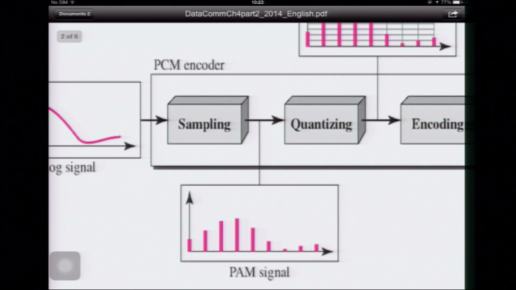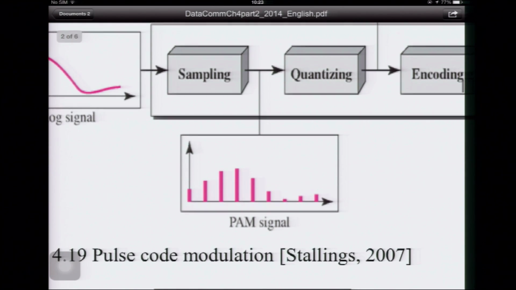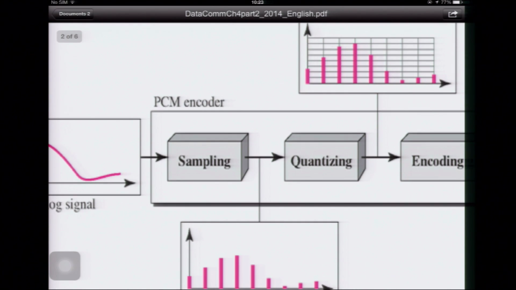And then you quantize the PAM signal. You quantize by putting it into a grid, and then you approximate the value to fit just the limited values that you want. For example, if you use 8 bits per symbol, 8 bits to represent one PAM pulse, you will have 256 levels.